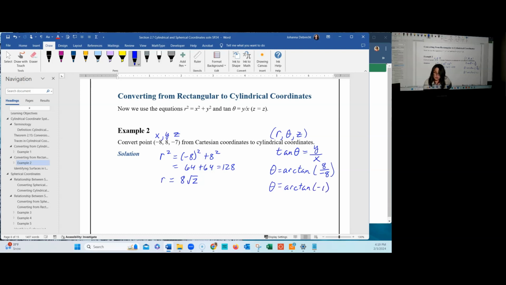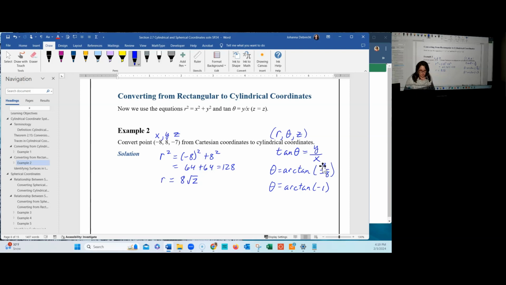I need the angle whose tangent gives me -1. Arctangent is defined between -π/2 and π/2. Because it's negative, it could be in quadrant 4 or quadrant 2. Since the magnitudes of x and y are the same, it's a multiple of π/4. So it could be -π/4, or it could be 3π/4.